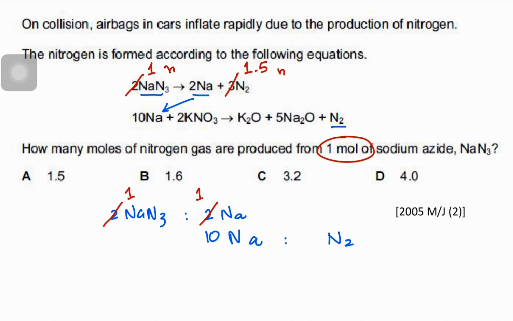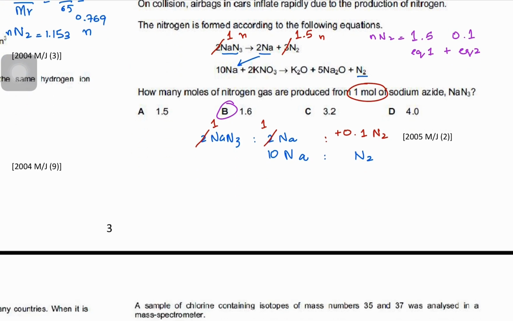And in a very similar way, if 10 sodiums give you 1 nitrogen, then 1 would give you 0.1 nitrogen. So using the second equation, I also found out that 1 mole sodium azide can also give you an additional 0.1 moles. So nitrogen total mole is equal to 1.5 from equation 1 and 0.1 mole from equation number 2. So the final answer is going to be 1.6 moles total nitrogen.